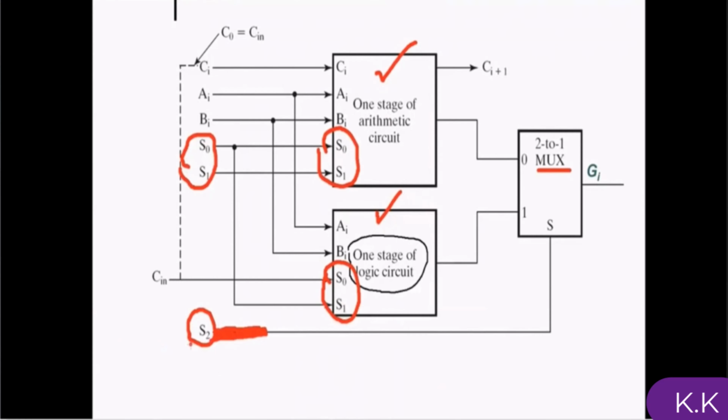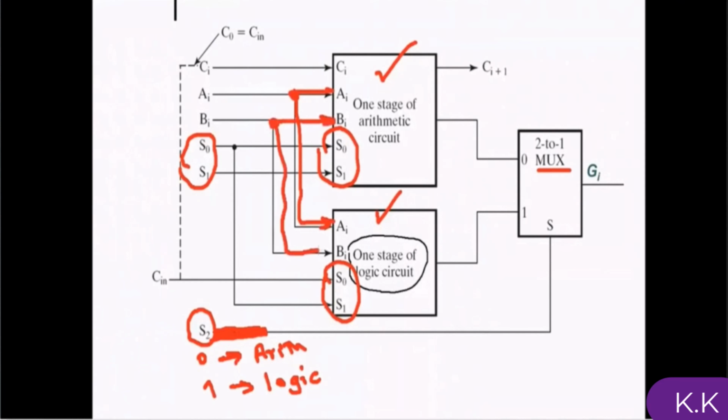This S2 selects between arithmetic or logic operation, and S0, S1 are connected to both of these 2 modules, arithmetic operations or logical operations, but S2 will select different operations. If you remember, in one of the slides they mentioned S2 as the mode.